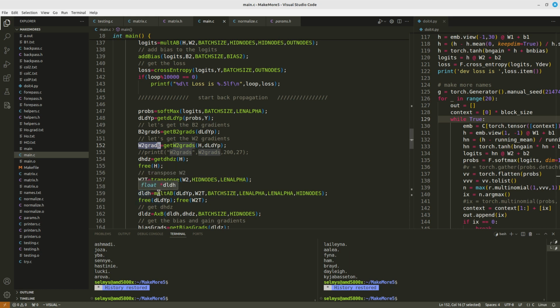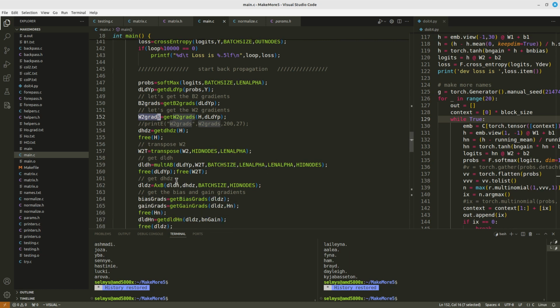So this is the derivative with respect to the, I think, normalized layer. And then DL dz is the derivative with respect to the activated layer. You'll notice, again, I think I mentioned this earlier, I'm using two different multiplications here.